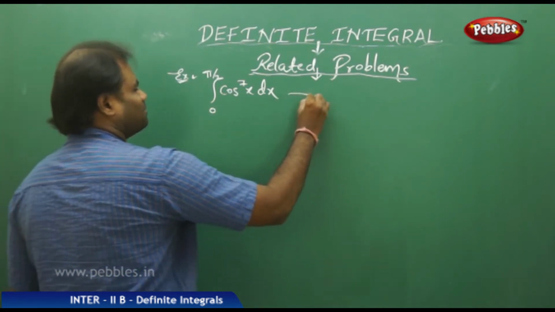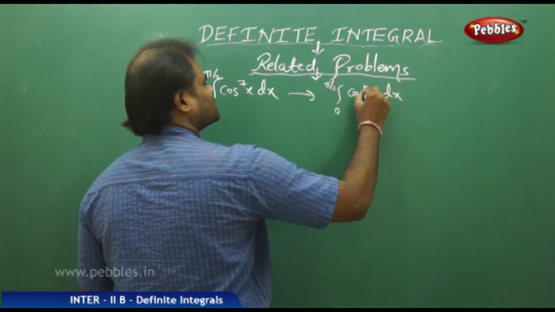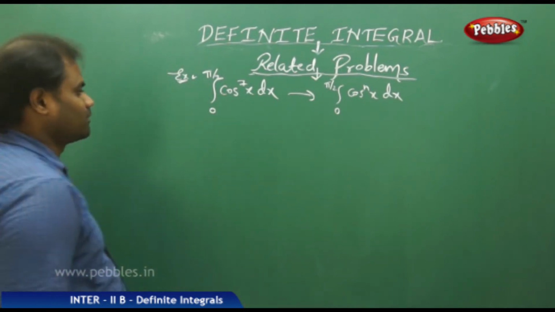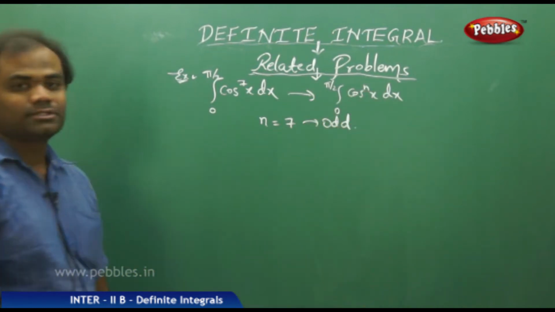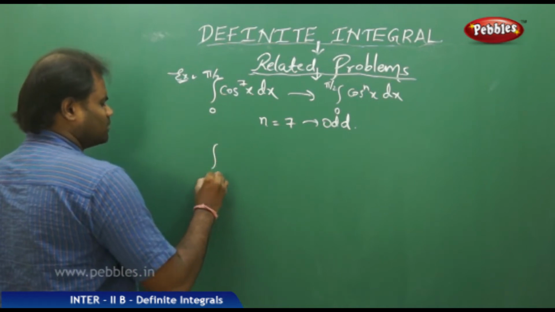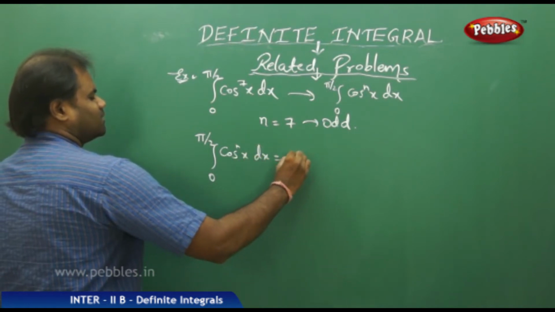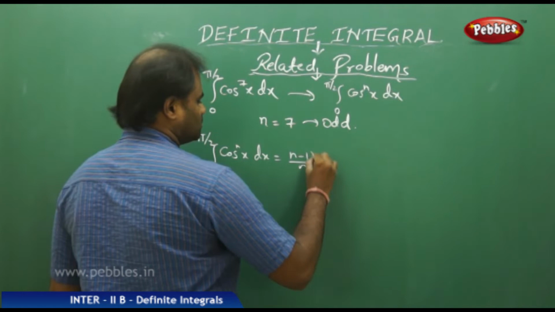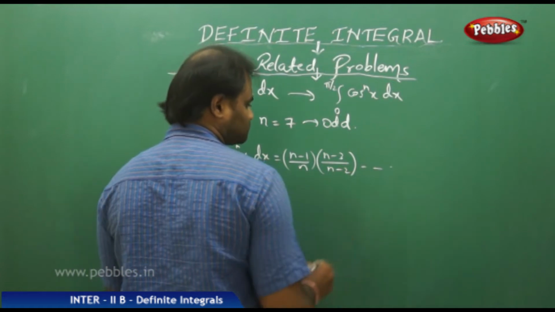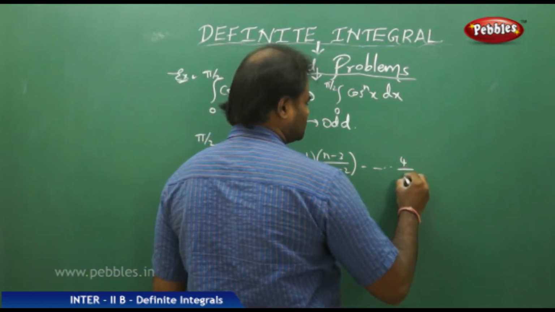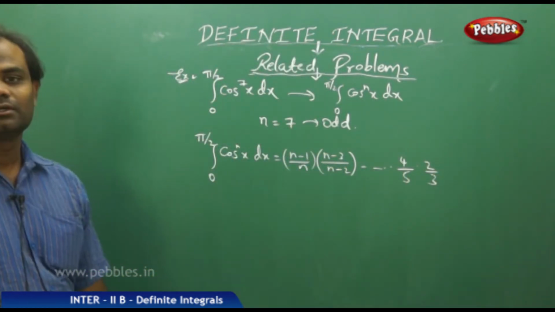Then clearly when I compare this with integral 0 to pi by 2 of cos power nx dx, I see that my n is 7, which is odd, and therefore taking the odd case of integral 0 to pi by 2 of cos power nx dx, which is n minus 1 by n, n minus 3 by n minus 2, and so on, this is what we get in case of the reduction.